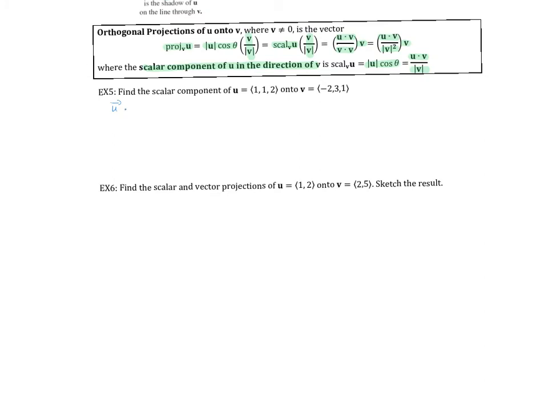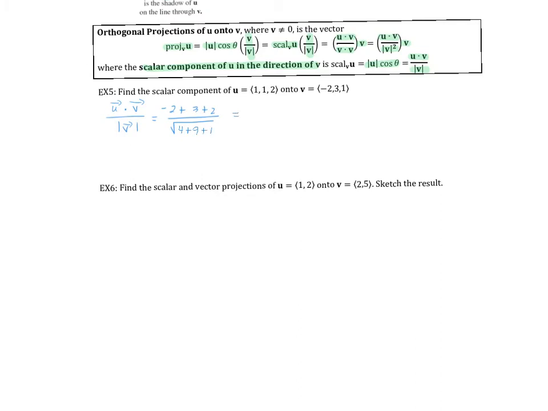So this is what I'm going to use for my scalar, which would be negative 2 plus 3 plus 2 in the numerator, and then our magnitude of v should be the square root of 4 plus 9 plus 1.